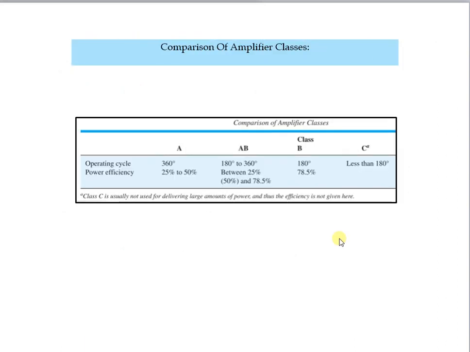Now coming to the last part, that is the comparison of power amplifier classes. Mainly we classify the amplifier classes as class A, AB, B and C based upon the operating cycle and the power efficiency.